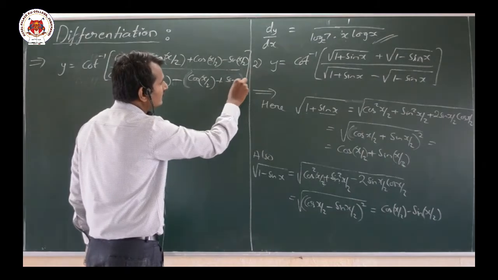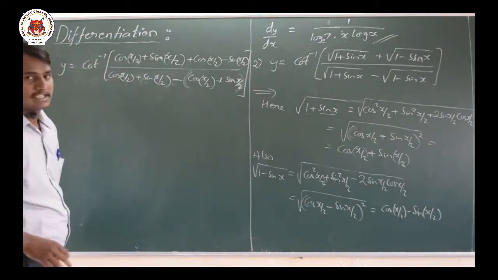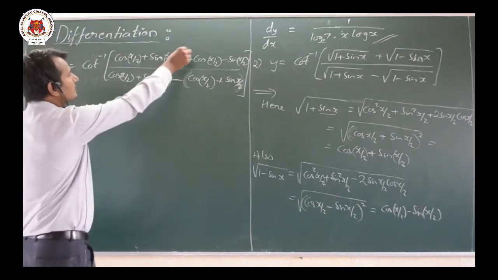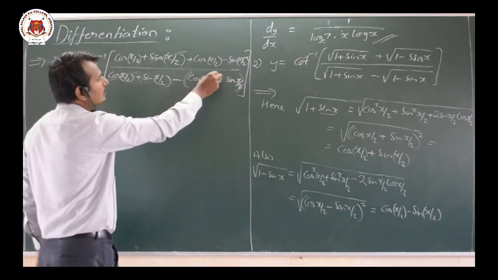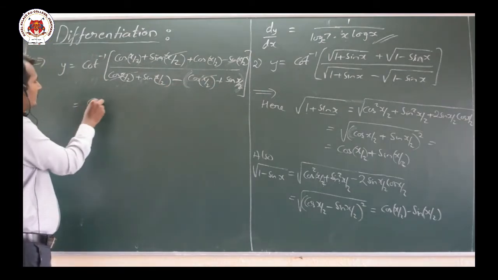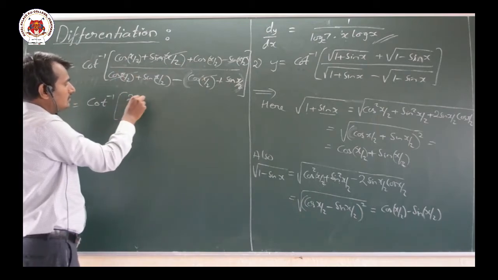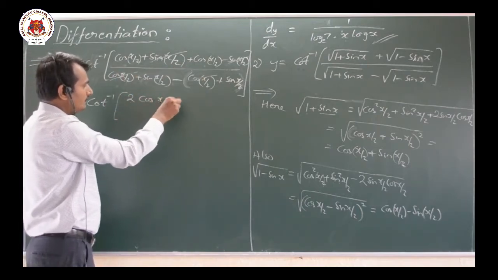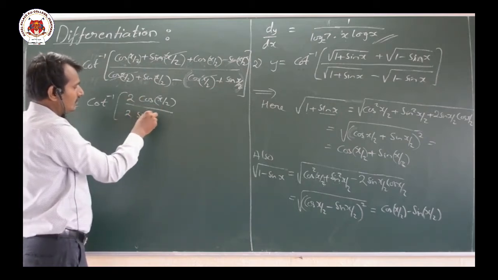I am solving it one step directly here. Now, which terms get eliminated? Here I can observe sin x by 2 and sin x by 2 get eliminated, and cos x by 2 and cos x by 2 get eliminated, cos minus cos. What is the remaining part? Cot inverse of cos plus cos, 2 cos of x by 2, divided by sin plus sin, that is 2 sin of x by 2.